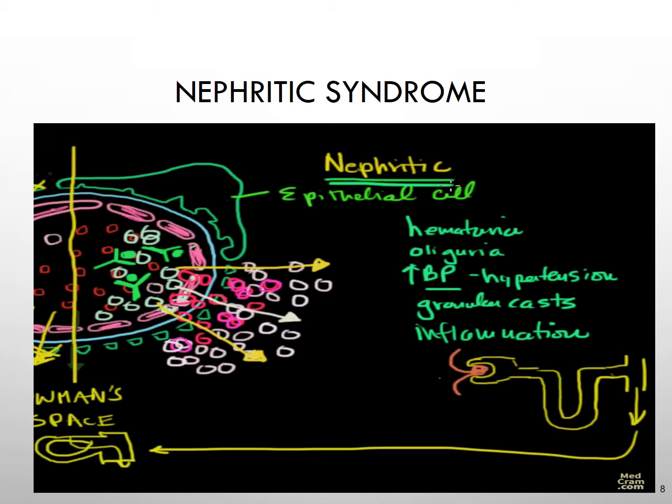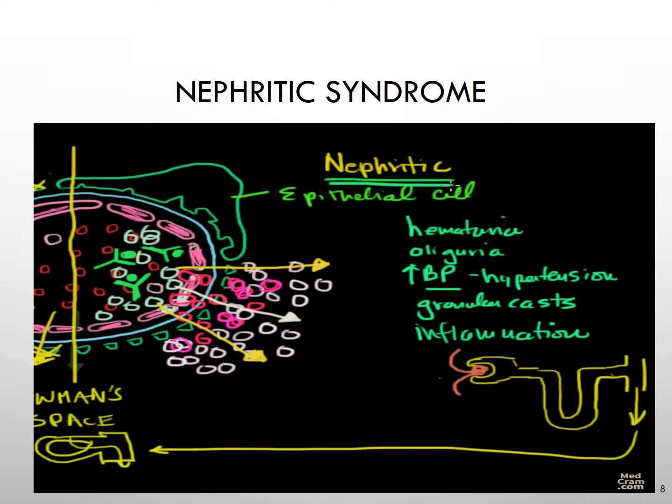Now, nephritic syndromes are a group of conditions that induce inflammation of the glomeruli or kidney. It is often caused by an immune response triggered by an infection or another type of disease, leading to an antigen-antibody reaction, which causes a loss of these endothelial cells within the glomerulus.